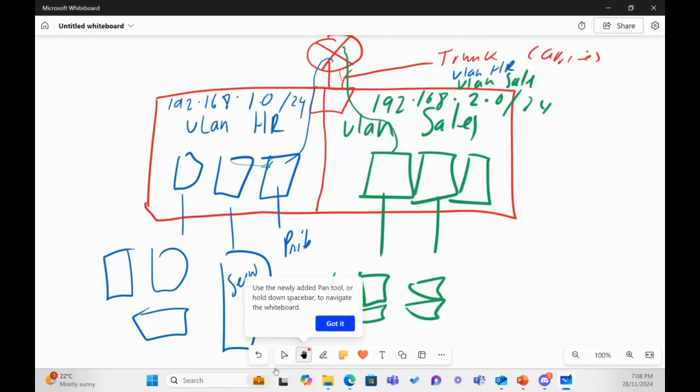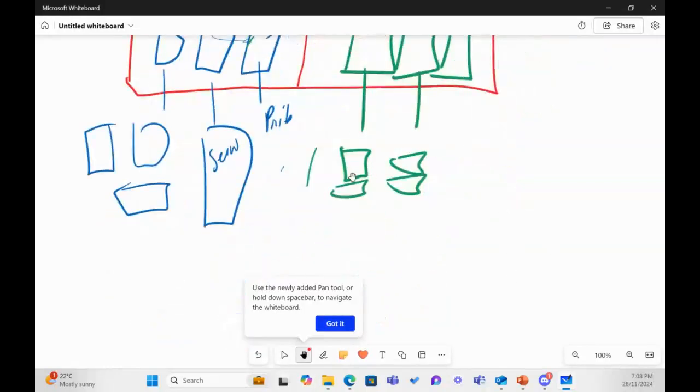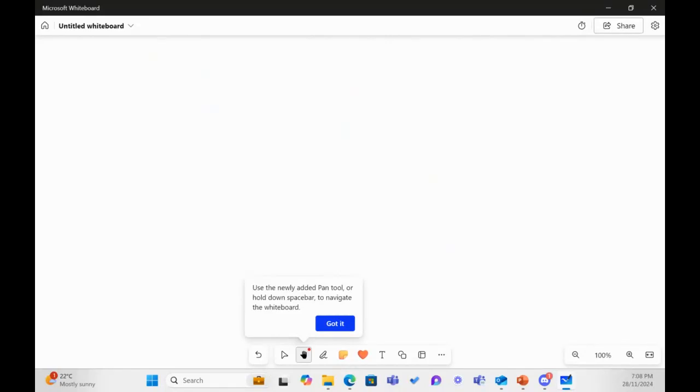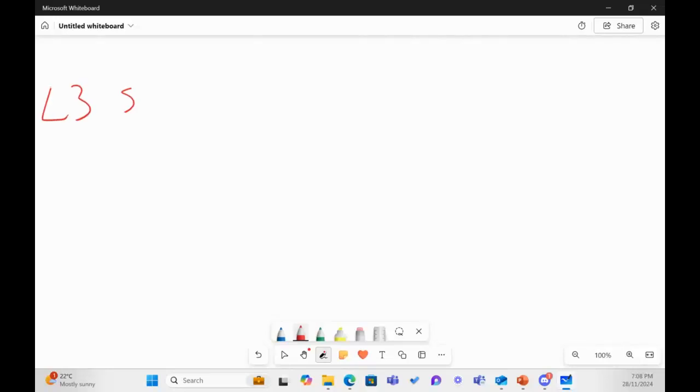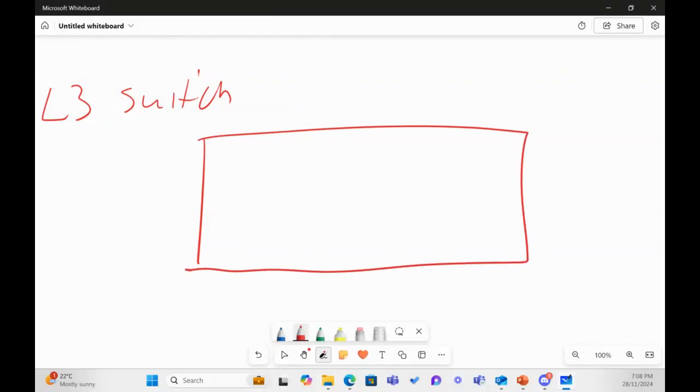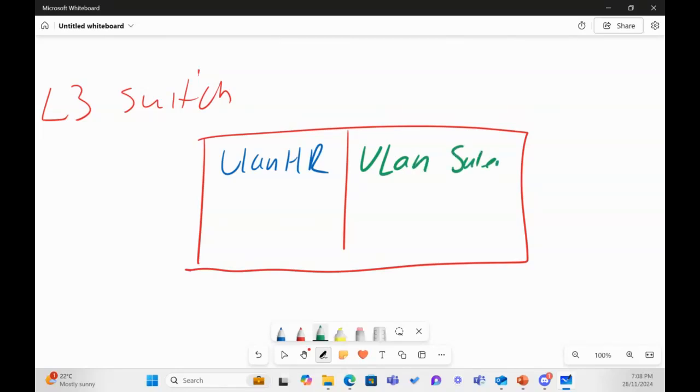Or even better, we can use, this might be a bit confusing, a switch and we'll give it advanced features. We'll call it a layer 3 switch, which means that we'll have the two VLANs, VLAN HR and VLAN Sales, and we'll have a router inside.